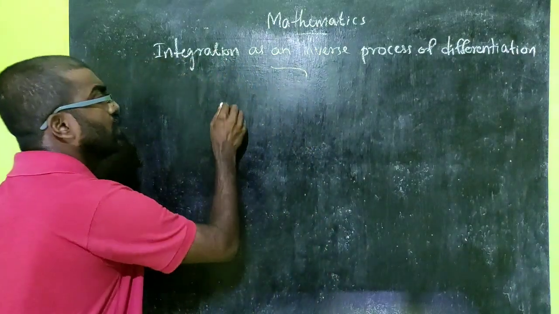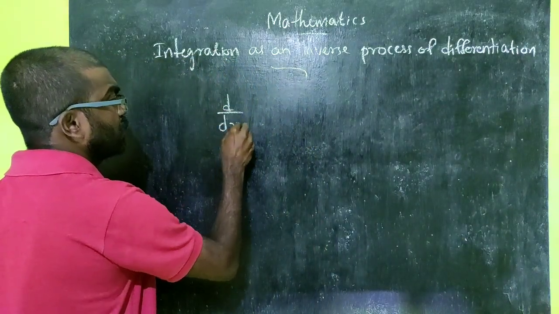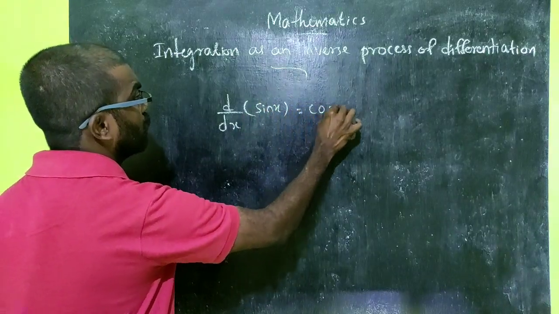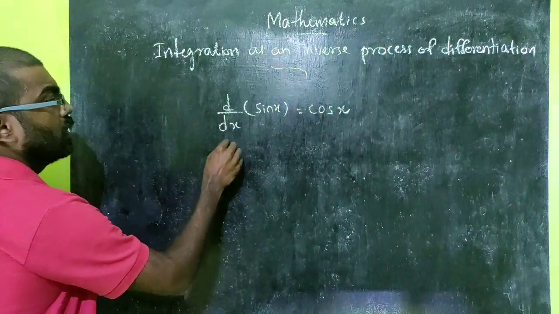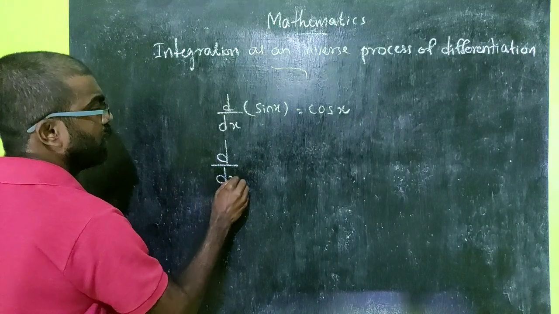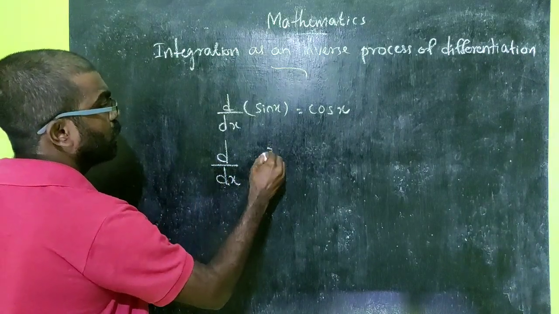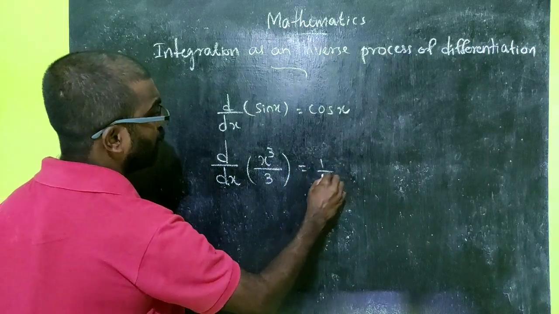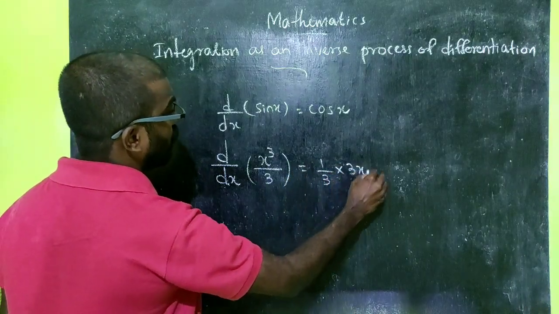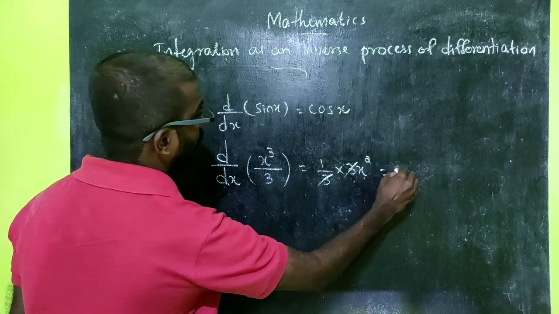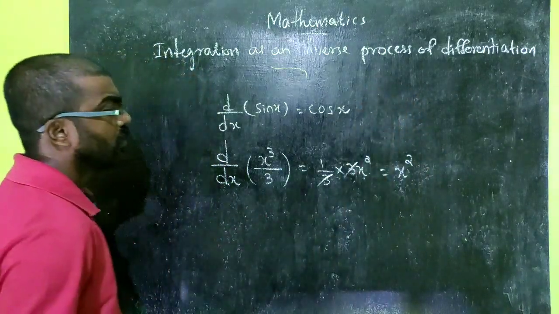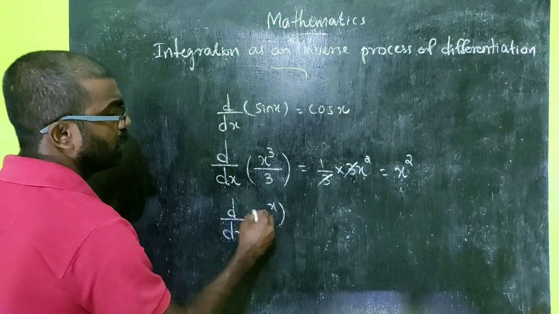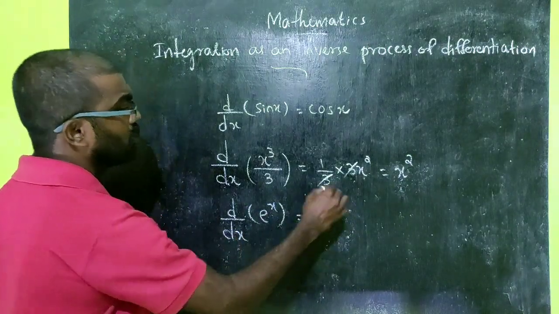We know that the derivative of sin x is equal to cos x, and dy/dx of x cube by 3 is equal to 1 by 3 into 3x square. The 3 and 3 cancel, and we get x square. And the derivative of e raised to x is e raised to x.